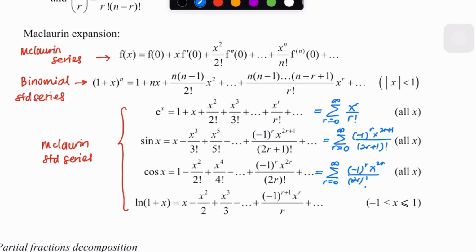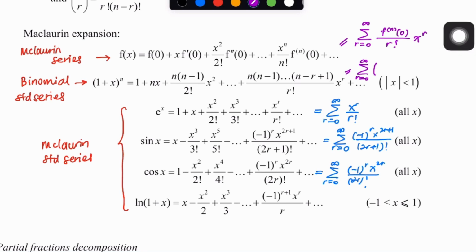This one, the binomial one, is a bit hard to write, but you notice even in the last chapter I also wrote for you already: sum from r equals 0 to infinity of f^(r)(0) divided by r factorial times x to the power of r. I also used the summation for you already.